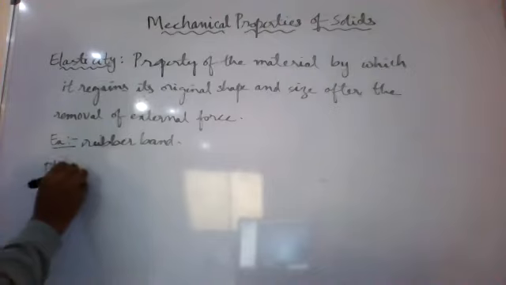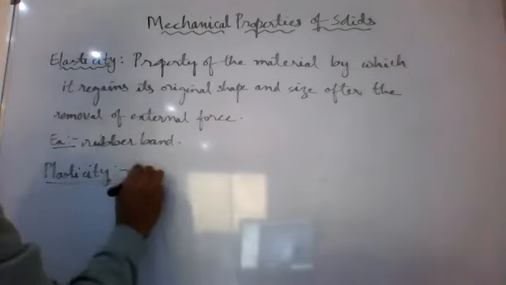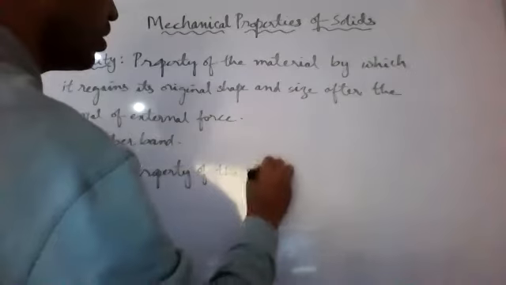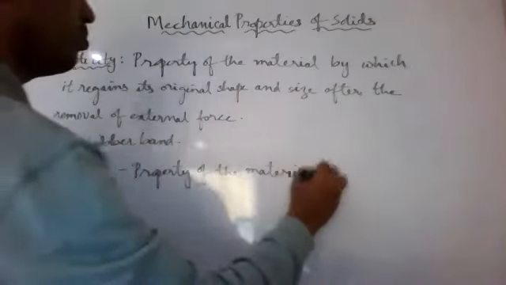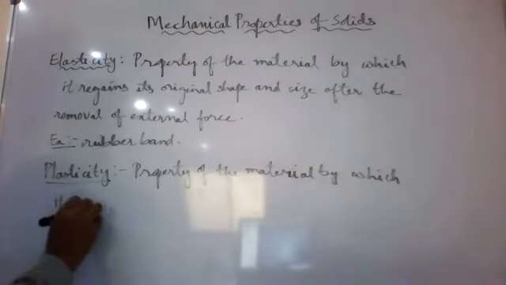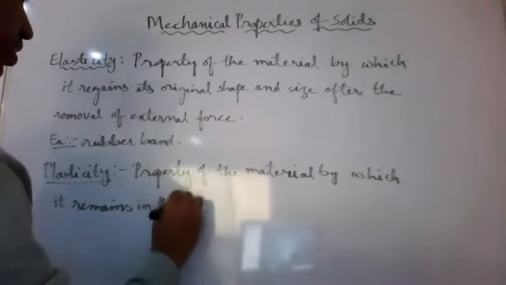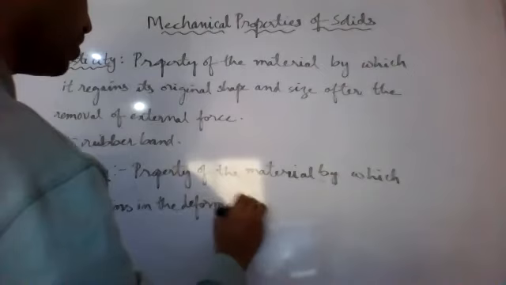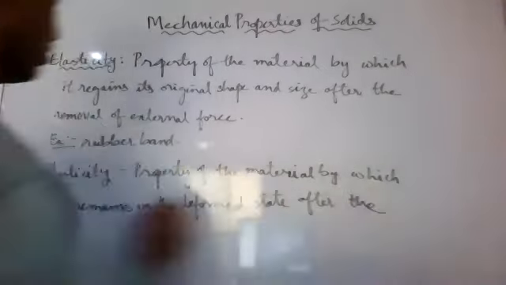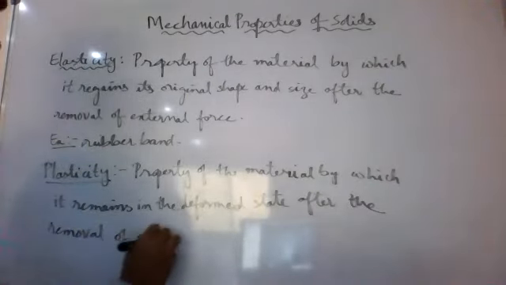Next is what? Plasticity. What is the meaning of plasticity? It is a property of the material by which it remains in the deformed state after the removal of the external force.